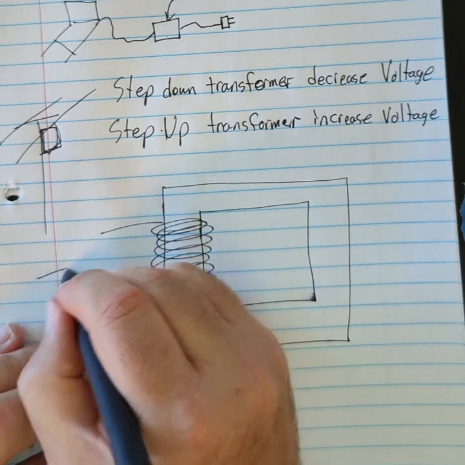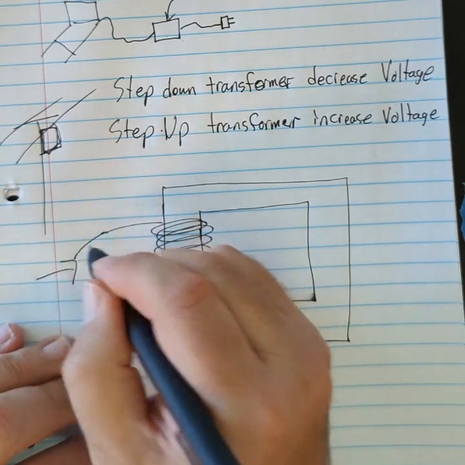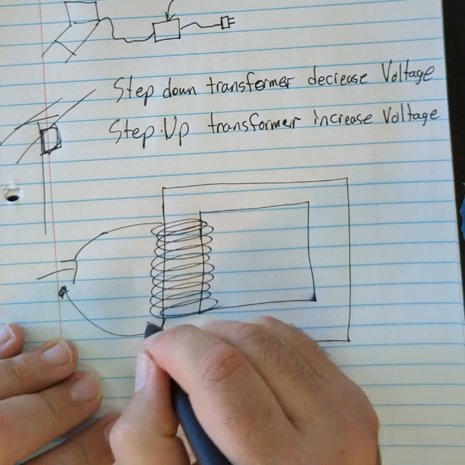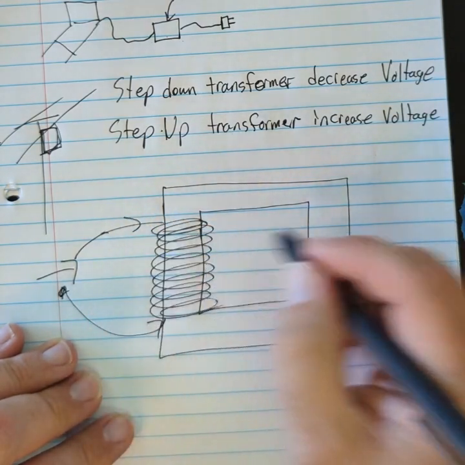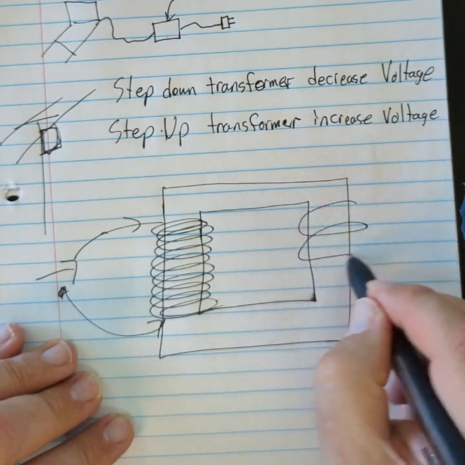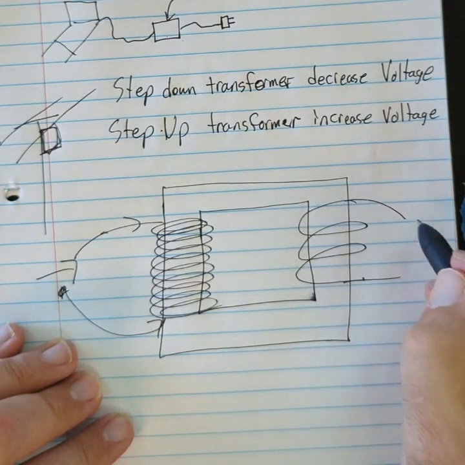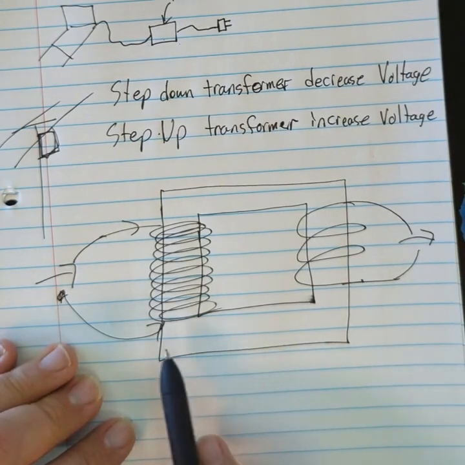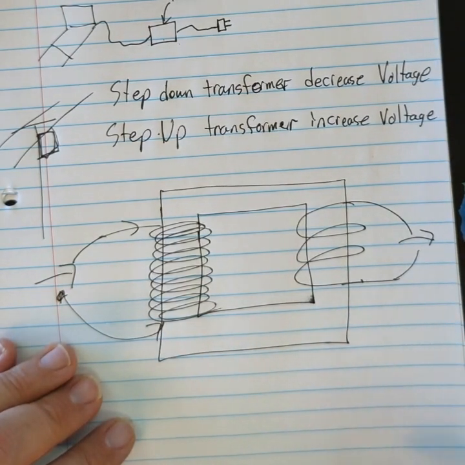And so here you have the incoming power from whatever source, okay? And the power is going in and coming back out. And then over here, you have fewer coils, and it connects to wherever the power is going. This would be a step down transformer.